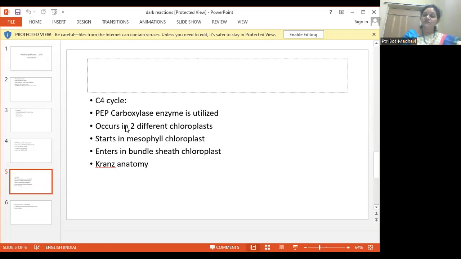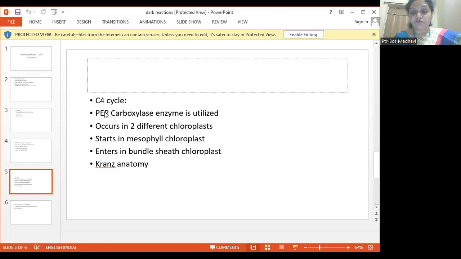Here the first compound which absorbs carbon dioxide is the PEP, phosphoenol pyruvic acid. PEP carboxylase is the enzyme which carboxylates the phosphoenol pyruvic acid into oxaloacetic acid, which is a 4-carbon compound, the first stable compound. Based on that, the cycle got the name C4 cycle.